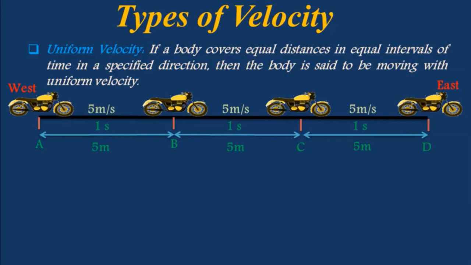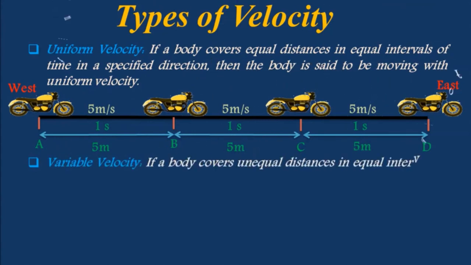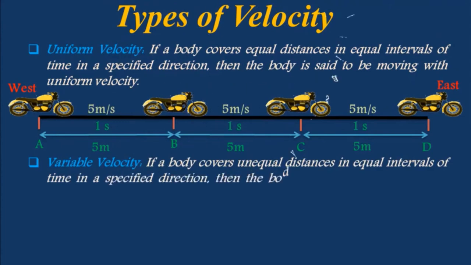Do you understand? Observe carefully. It is having magnitude and direction. Now, variable velocity. If a body covers unequal distances in equal intervals of time in a specified direction, then the body is said to be moving with variable velocity.